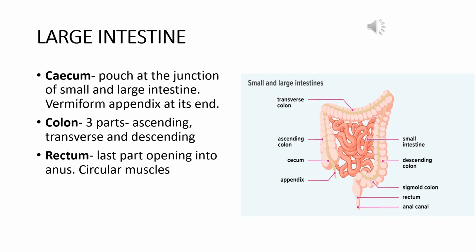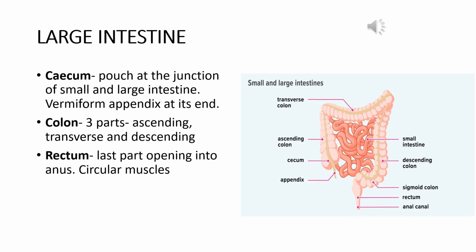After the digestion and absorption has taken place in the last portion of the small intestine, that is the ileum, the undigested food particles are going to move into the large intestine, which is the last part of the digestive tract.